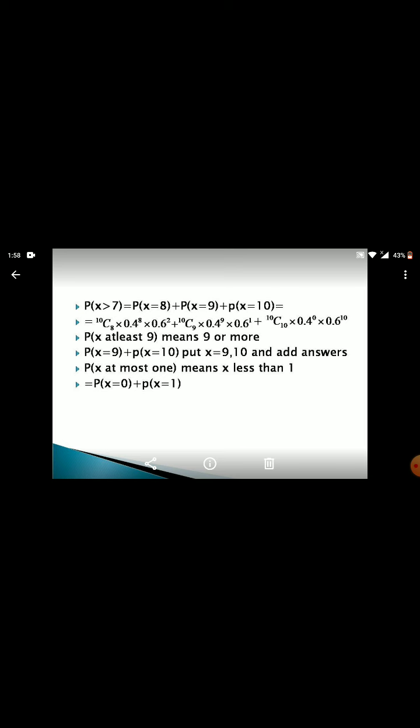So at most 1 means x can be either 0 or 1. It means it cannot exceed 1, but it can be equal to 1. There is some misprinting over here. So x at most 1 means ज़्यादा से ज़्यादा 1. So there are only two possibilities, x is equal to 0 or x is equal to 1. You will put the values in the formula and you will get your required answer. Thanks.